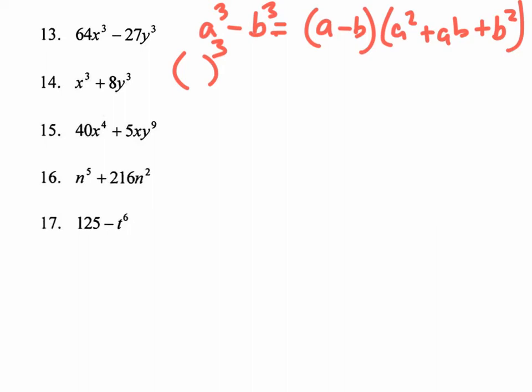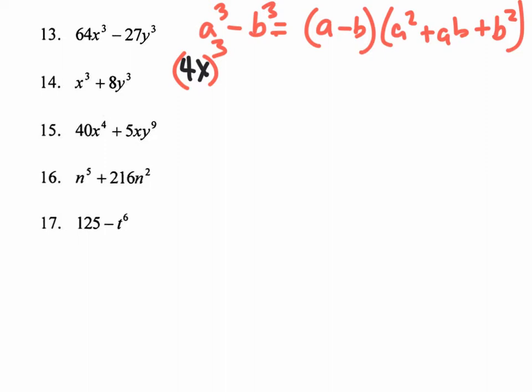So think of what value to the third power gives you 64x cubed. 4 times 4 is 16 times 4 is 64. That will be 4x, because 4x times 4x times 4x is 64x to the third.